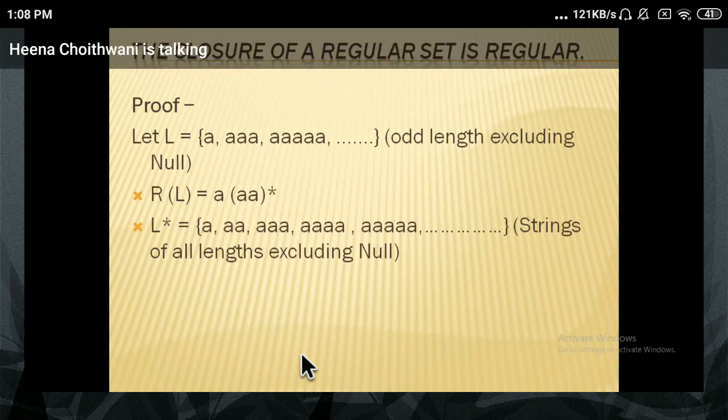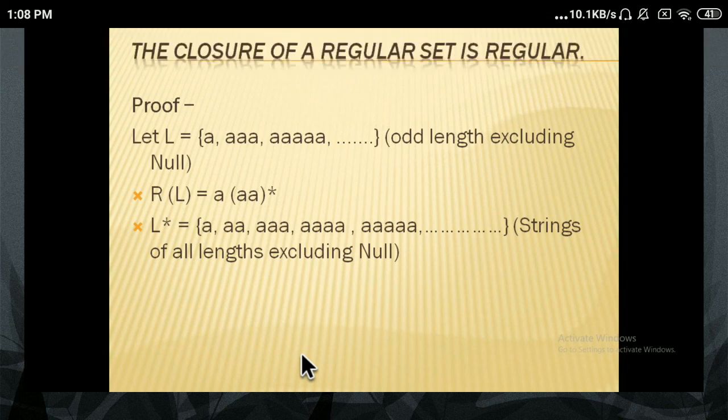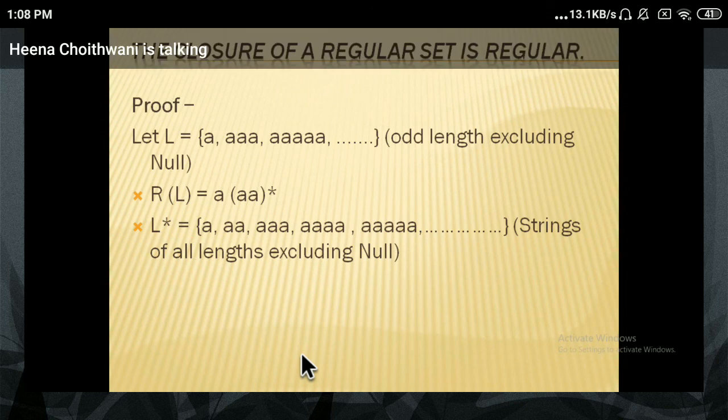So L star will have A, double A, three times A, five times A, and so on. So all these strings of A, excluding epsilon, but odd in length. Can we write it as A and A star?